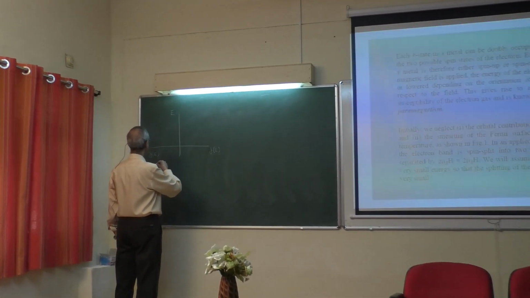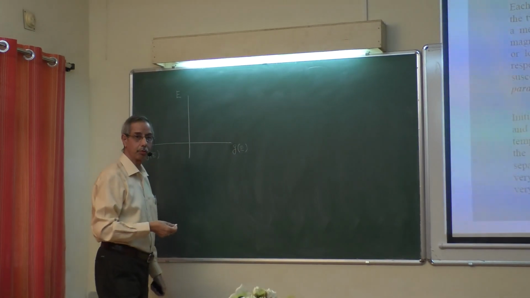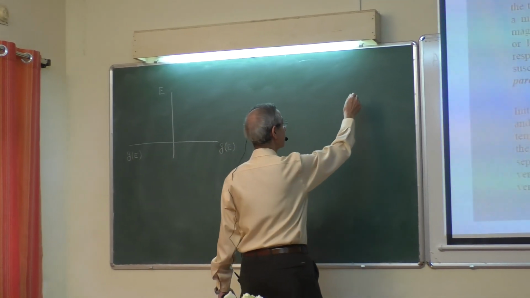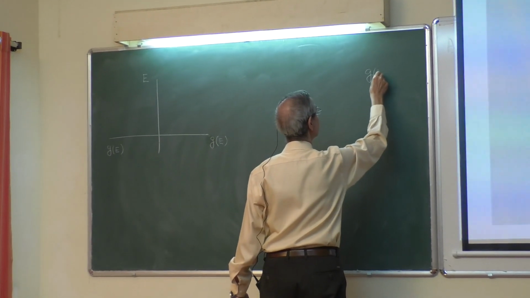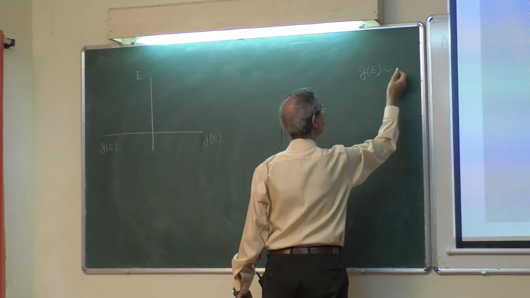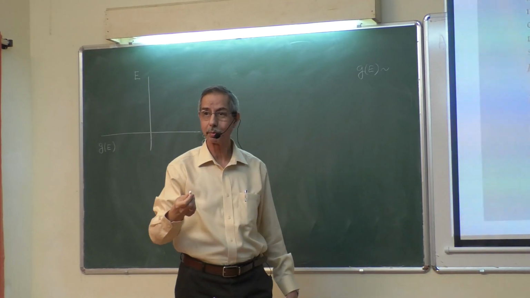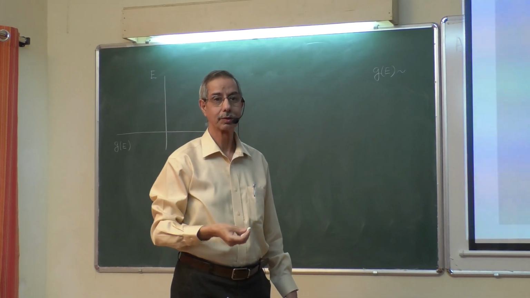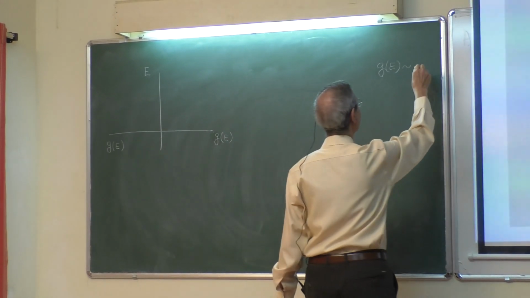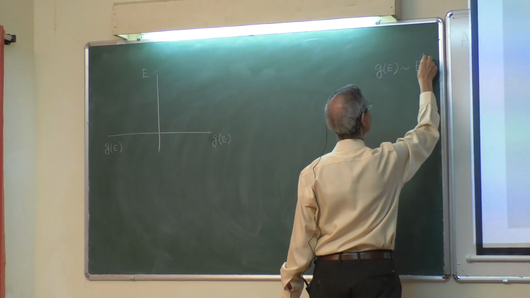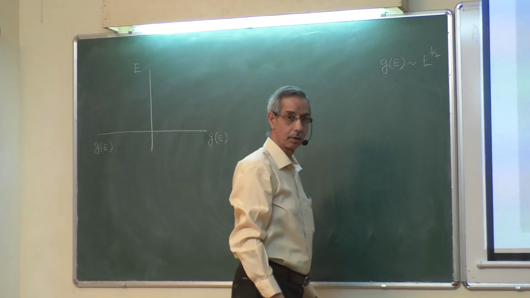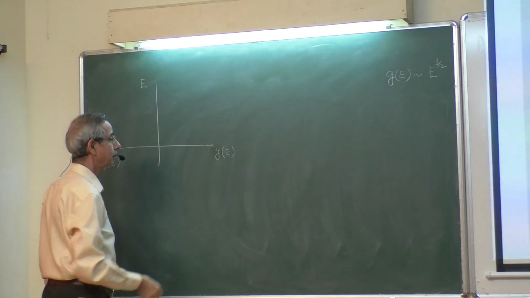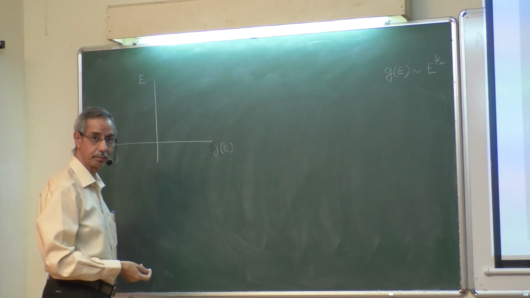So here, the density of states for a free electron gas, you remember how it depends on energy? It goes as root E. So when I plot it like this, with energy along this axis, it will be a parabola.